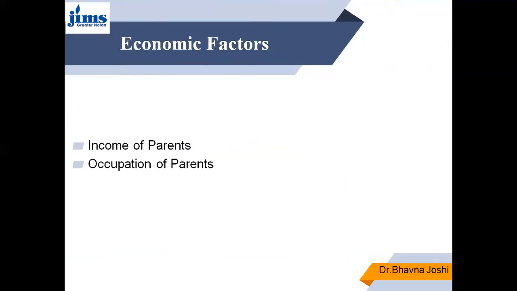Then the economic factor, for a student, will be the income of the parents and the occupation of the parents, which will again give an economic difference in the socialization process, because the income of the parent and the occupation of the parent will decide the social class of the student, whether the student belongs to the upper class, middle class, or the lower class.